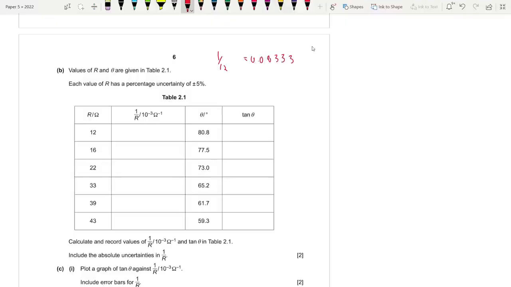Whatever the scaling, what power you have on the top, remember that you have to do the opposite if you want to find out the value inside the table. So since it's 10 to the power minus 3, I'm just gonna multiply my answer with 10 to the power plus 3. So into 10 power 3, that is 83.33.